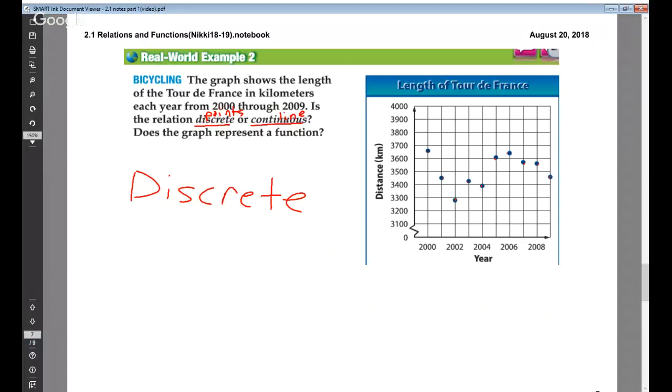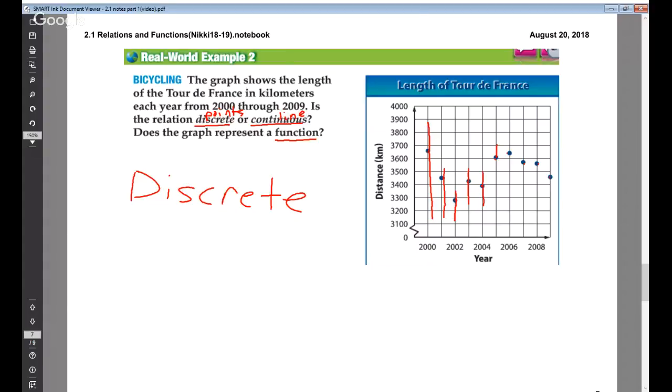And now the next question, does the graph represent a function? And now, of course, from what we previously just learned, we can determine if a graph is a function or not by using the vertical line test. So let's take a vertical line through each of these points.